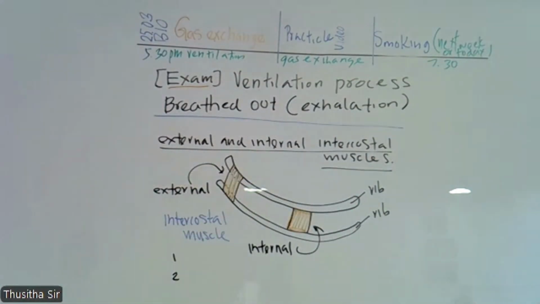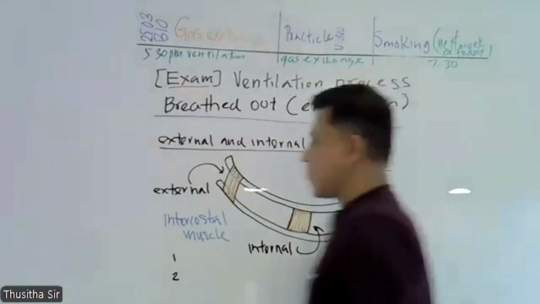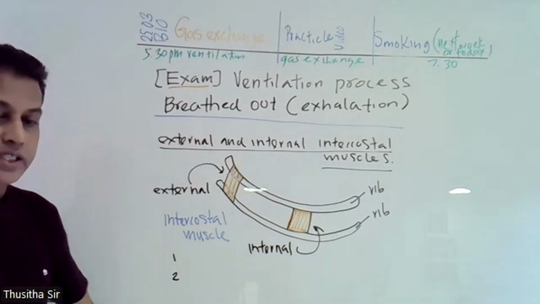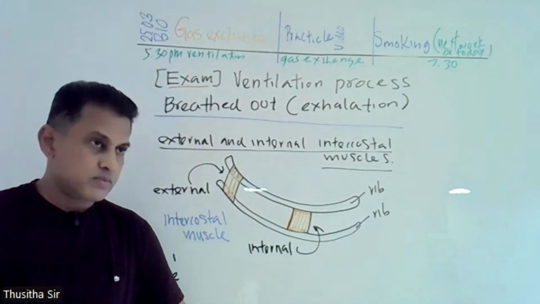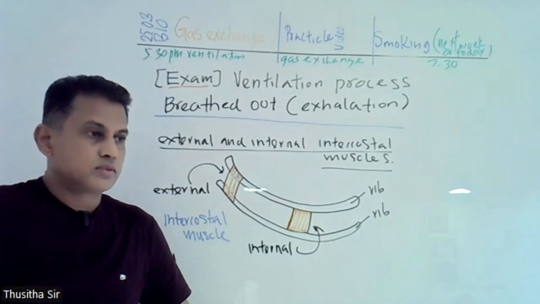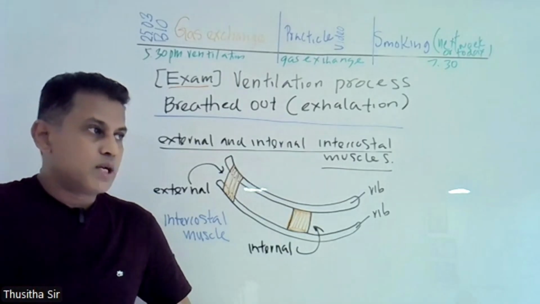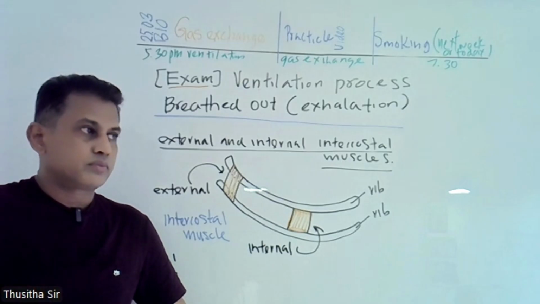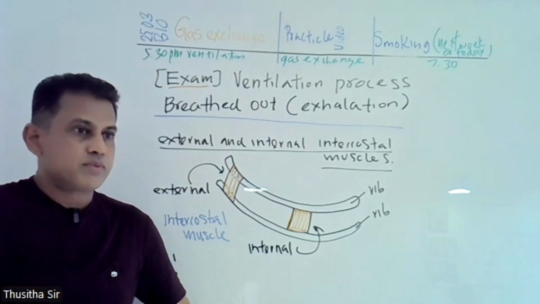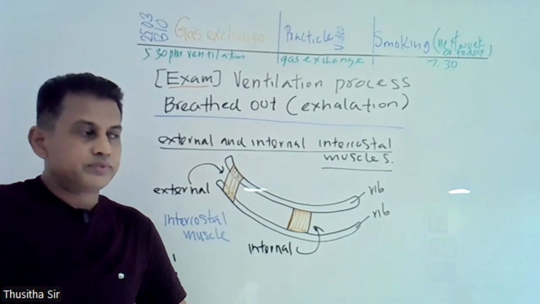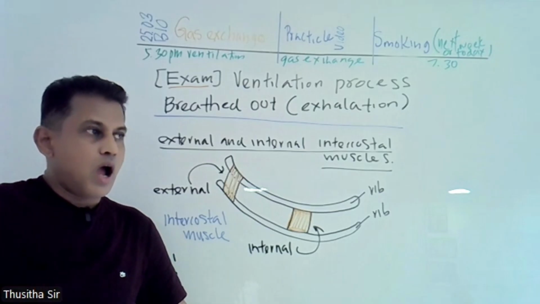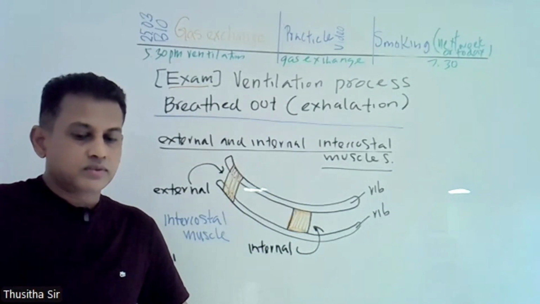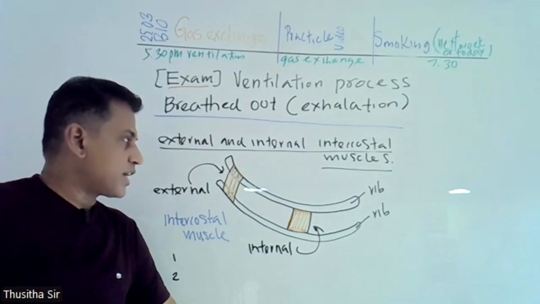A second point, external intercostal muscles are located outside of the ribs.